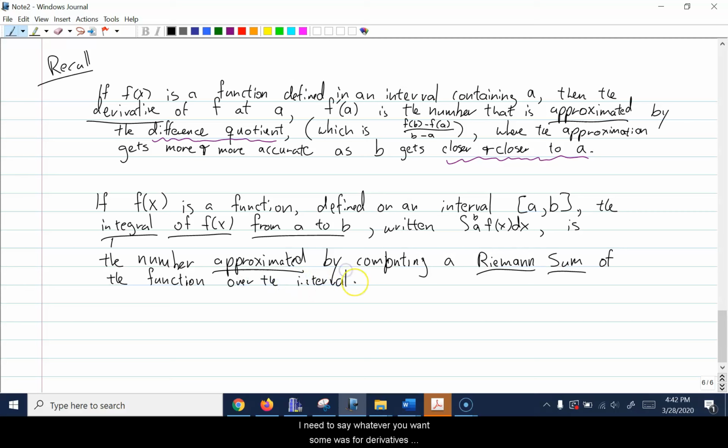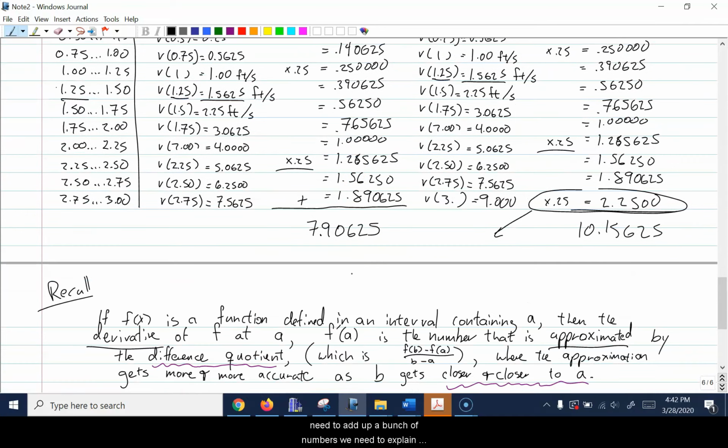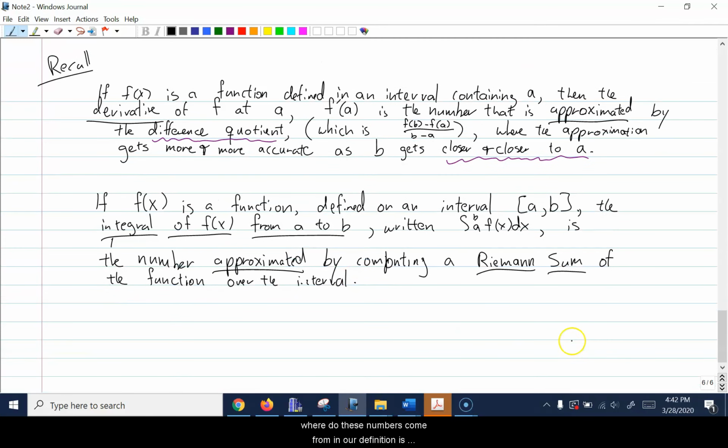Now I need to say what a Riemann sum was. For derivatives, it was just the difference quotient. We could write down a formula. It was pretty easy. For a Riemann sum, you need to add up a bunch of numbers. We need to explain where these numbers come from in our definition. Here's how we come up with that.